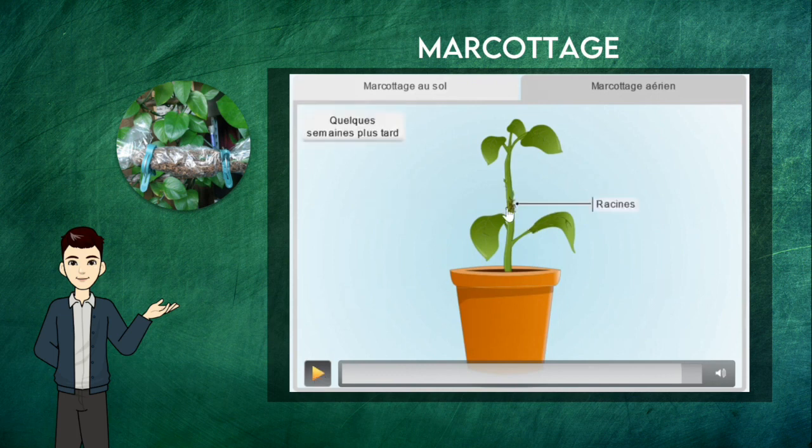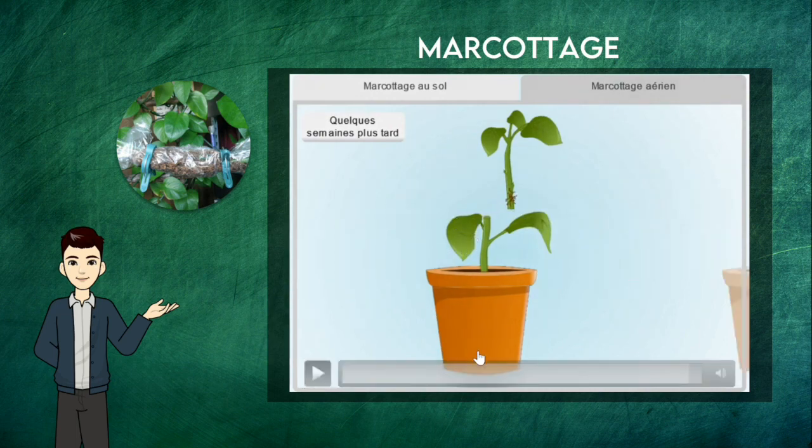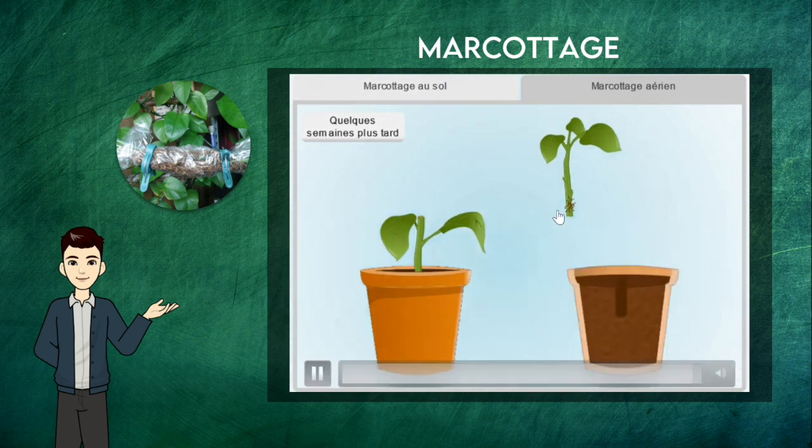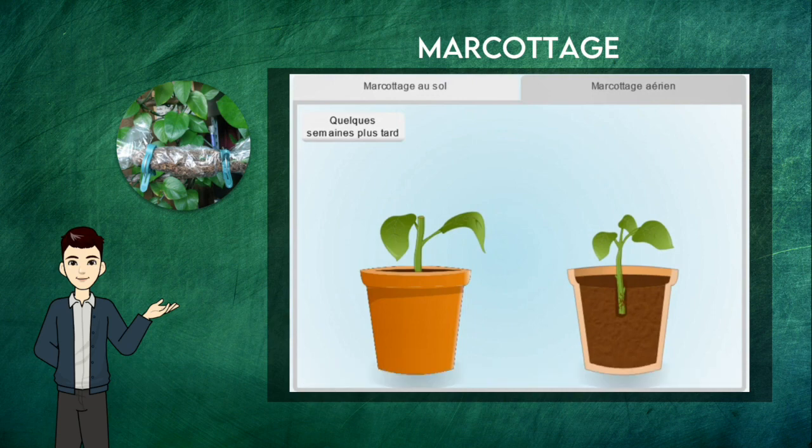So when it grows new roots, we can cut. This one will not die because it still has its roots, but this one already has new roots, so we can put it into a new pot so that it can grow better.